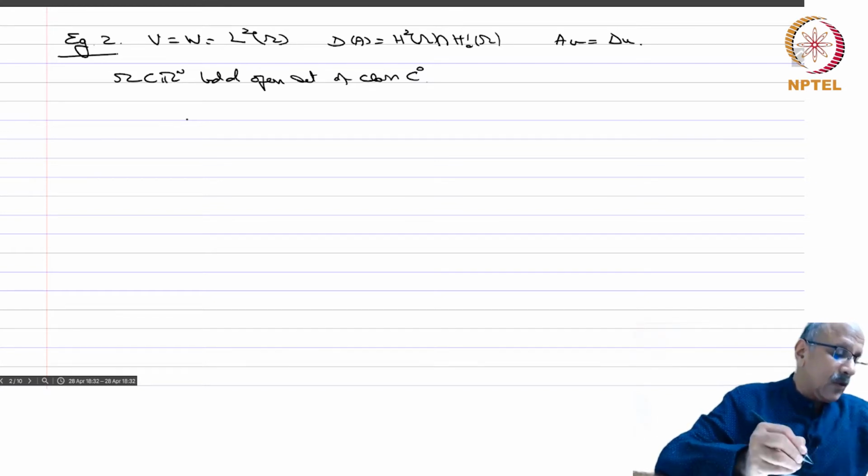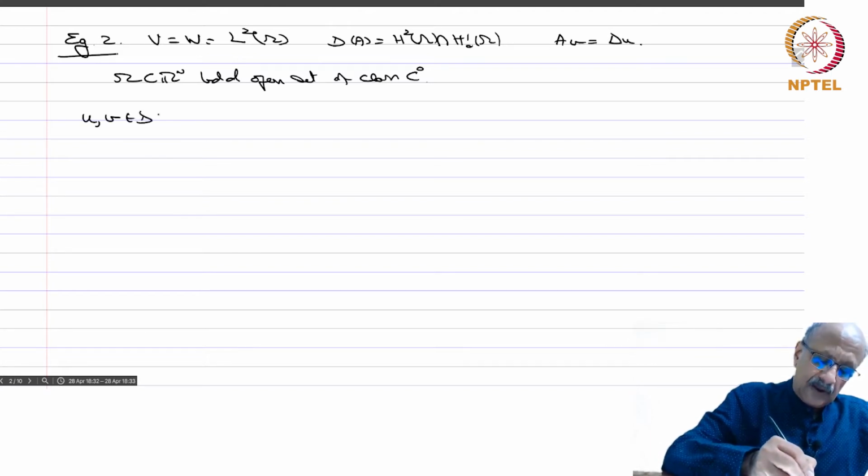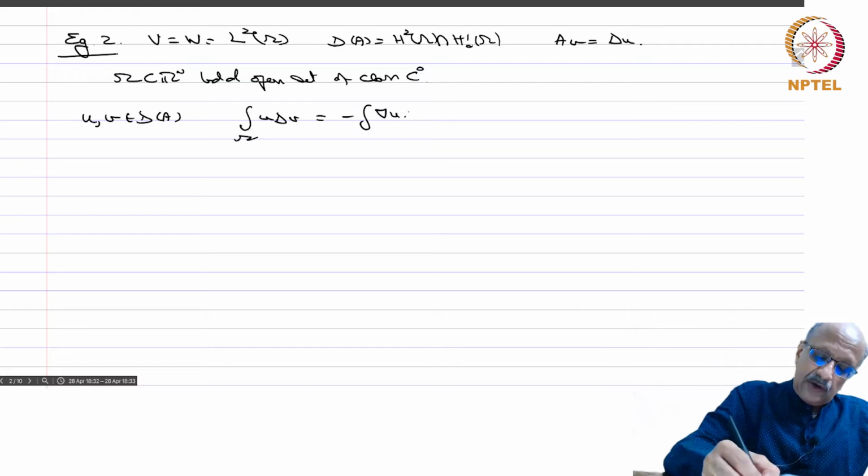Okay. So let u, v in D(A). Then you have the integral over omega of u delta v, which is equal to minus the integral of grad u grad v, which is equal to the integral over omega of v delta u.